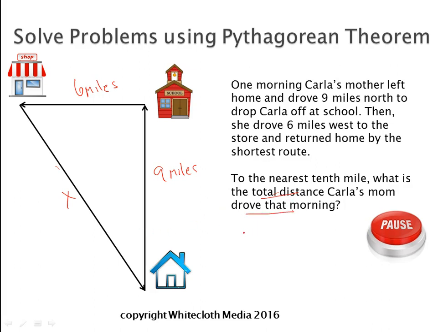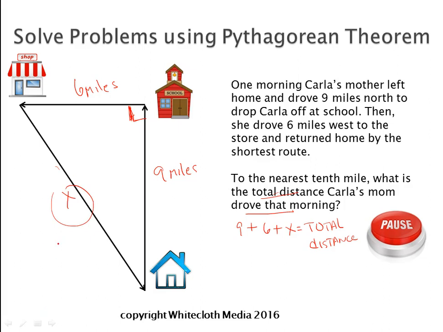So total distance would be the 9 plus the 6 plus the x is my total distance. But I don't know what my x is. But by looking at the picture, I'm going to say this is a right triangle. And then I'm going to figure out what x is.